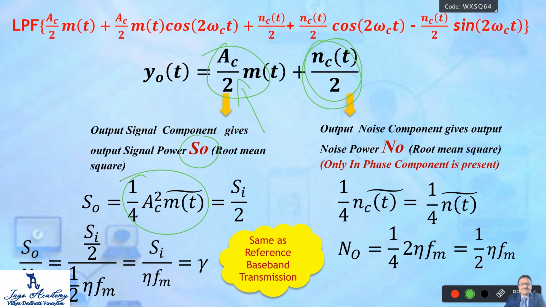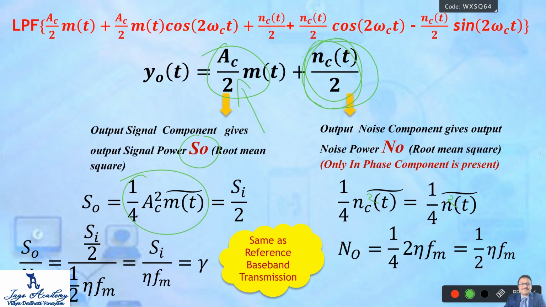Understood. Now, how do you calculate the root mean square value of n_c of t? In my second video, first video, I told you that the root mean square value of the quadrature component is the same as that of the in-phase component, that is n square, it is equal to n. Same, these are same.